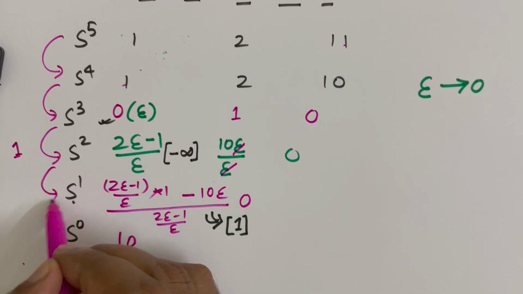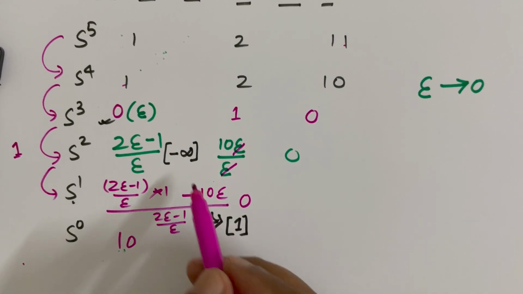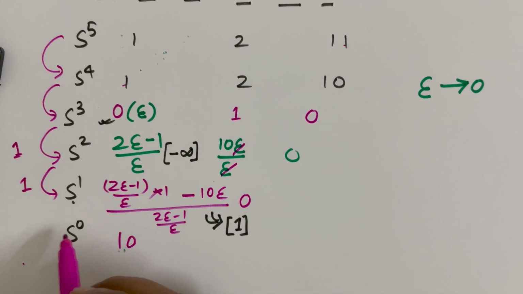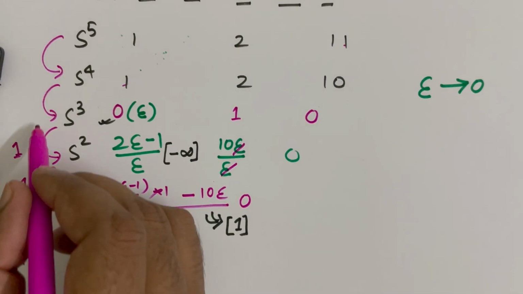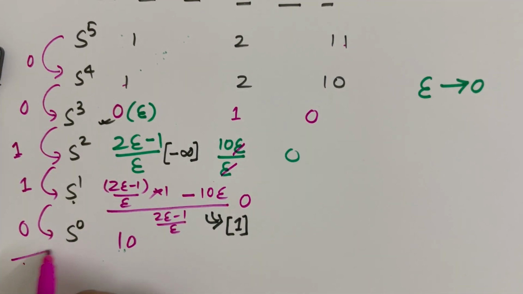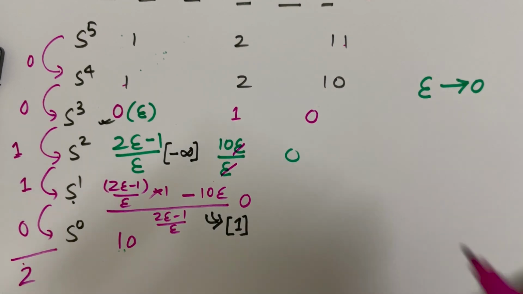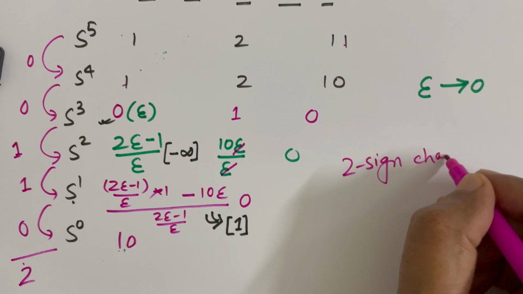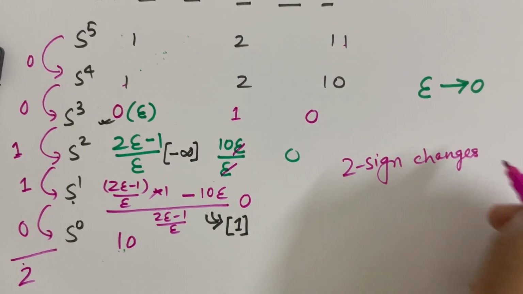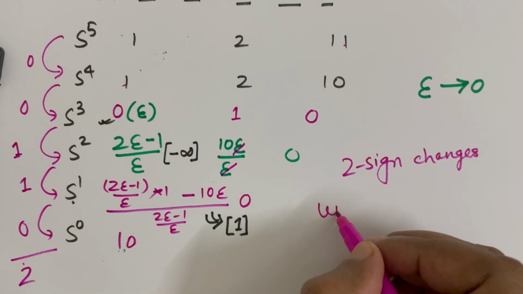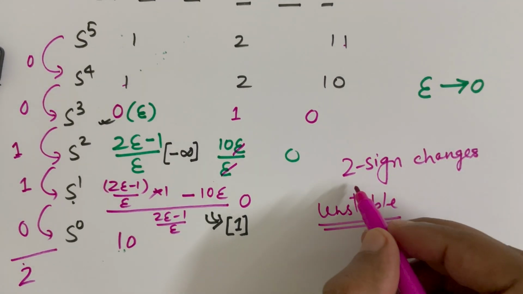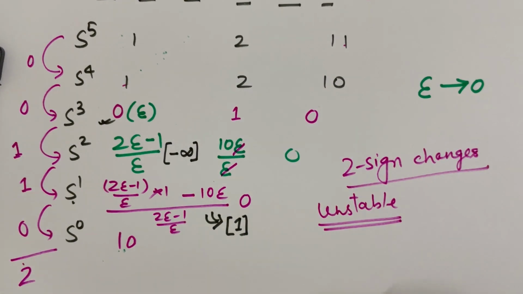Now minus infinity to 1, so there is 1 sign change, and then it is 10, 0 sign change. So totally you have 2 sign changes. If there is even 1 sign change, then it will be an unstable system. So this system is unstable because there are 2 sign changes.